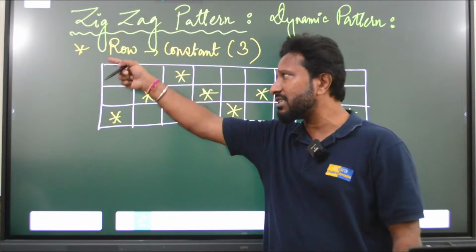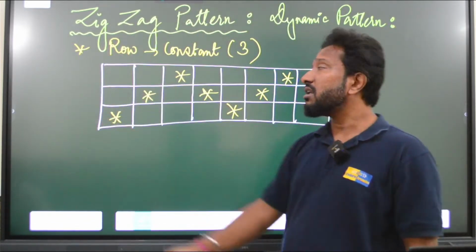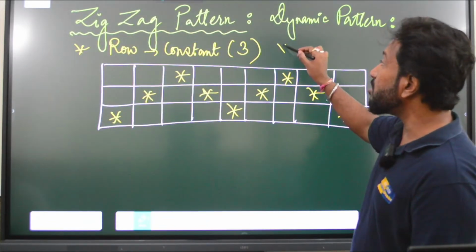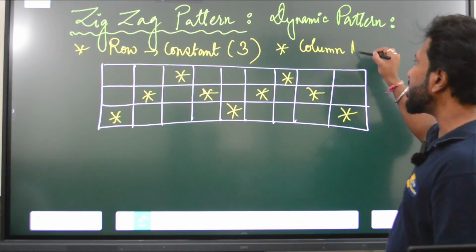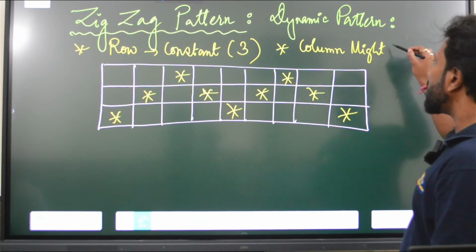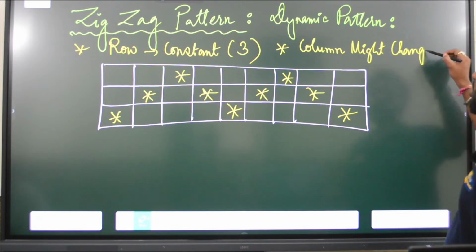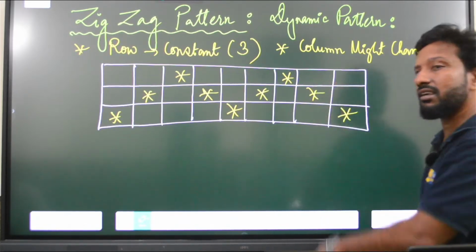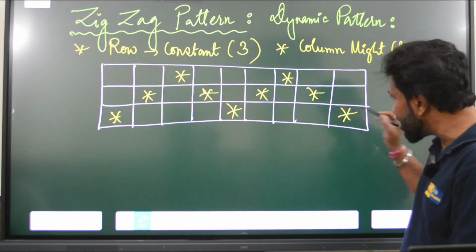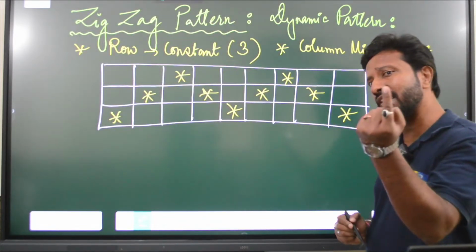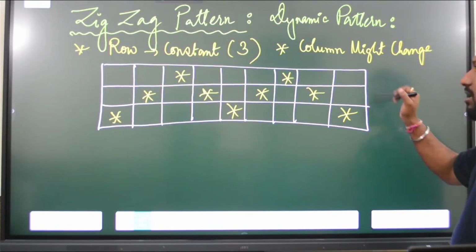The number of rows is 3 only, and the column value will change. Column might change. How do you figure out that change? Suppose I have one and then I have two triangles here. Suppose I need one more triangle. Then let me do one thing.